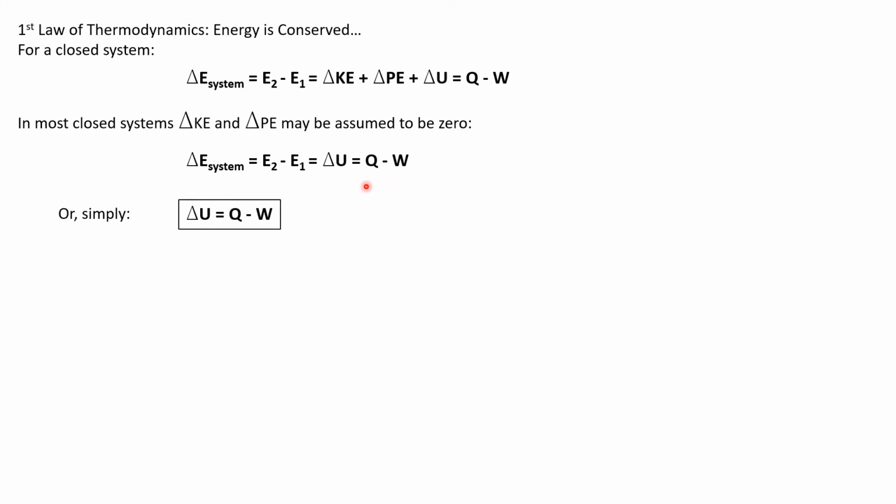And so we can simplify this expression to say that the change of energy in the system is equal to E2 minus E1, and that's equal to delta U, and that's also equal to Q minus W. We'll simplify this further, and since the kinetic and potential energy changes are 0, we can say that the change of the internal energy in a system is simply Q minus W, where Q is the amount of energy added to the system by heat transfer, and work is the amount of energy removed from the system by mechanical work.